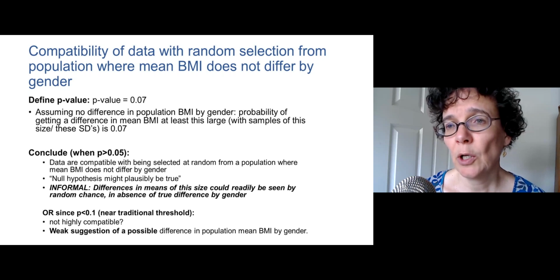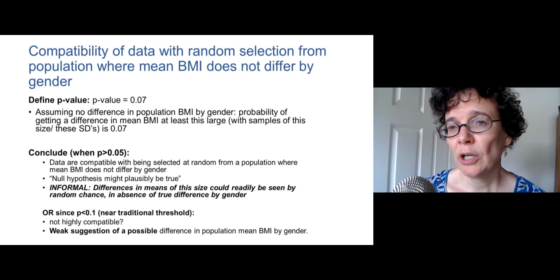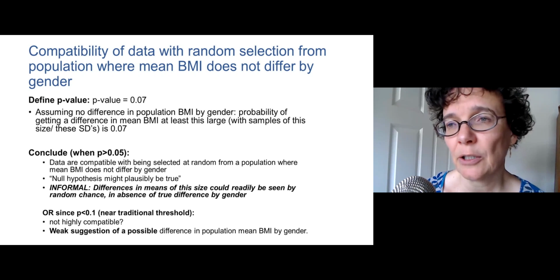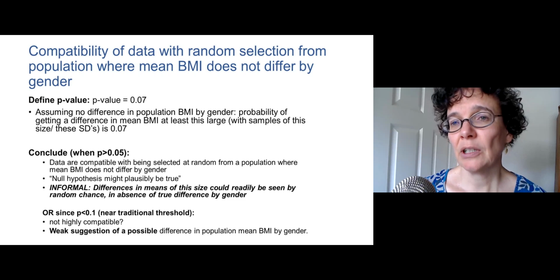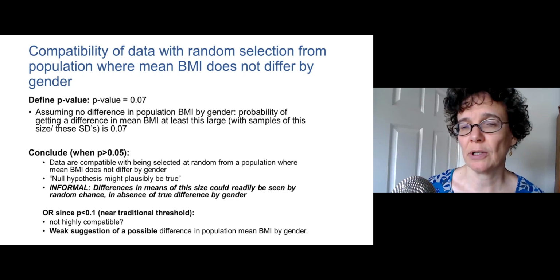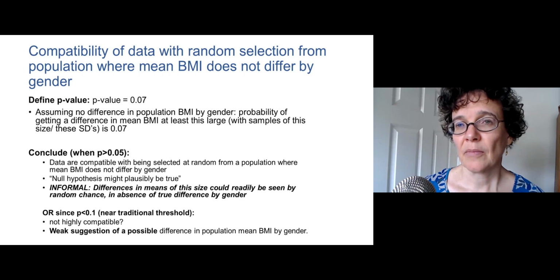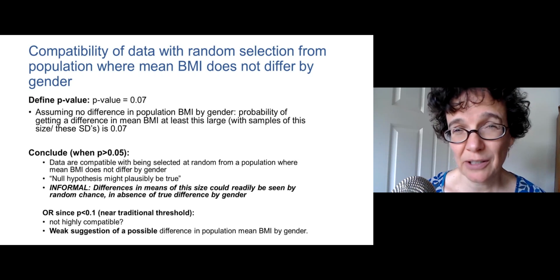So the data are compatible with the null hypothesis being true, which we can say the null hypothesis might plausibly be true. Data are compatible with being selected at random from a population where mean BMI doesn't differ by gender. Informally, differences in mean of this size could readily be seen by random chance alone. But I did say that, rather than relying on the 0.05 cutoff, it's good to acknowledge that p-values are continuous.